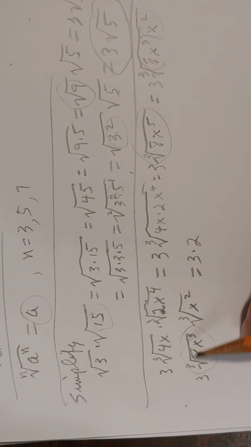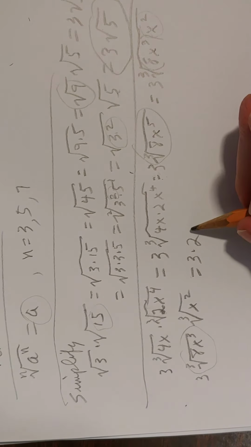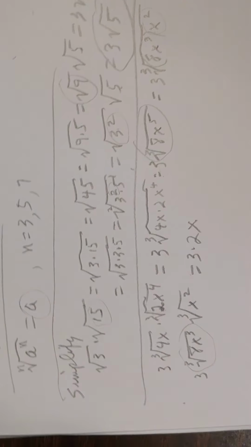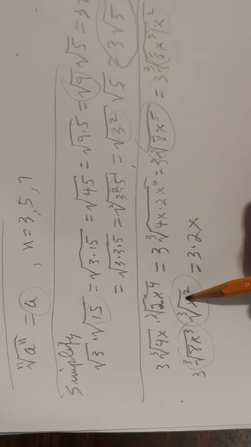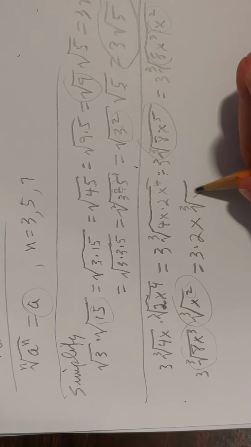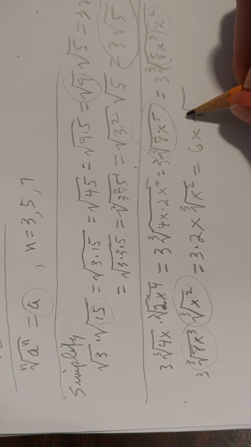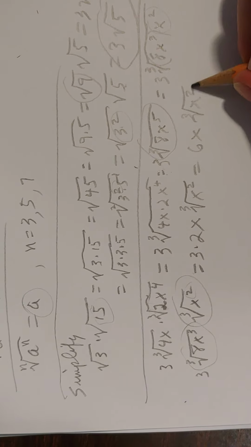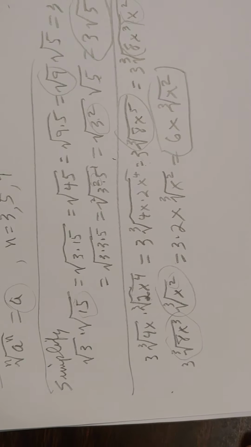The cube root of x cubed is x, as you just divide 3 into the exponent and get x to the first power, which I don't need to write. The cube root of x squared stays the way it is because that exponent 2 is less than 3. I can't simplify it. So it's the cube root of x squared. 3 times 2 is 6, so we end up with 6x times the cube root of x squared, and there it is in simplest form.